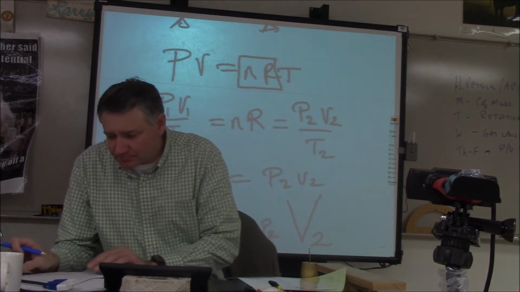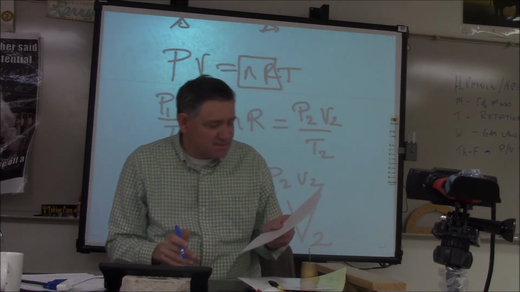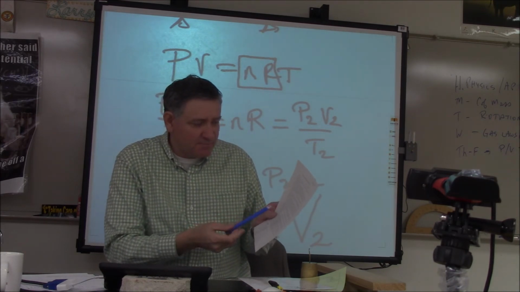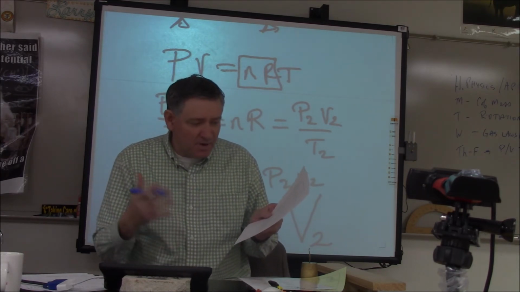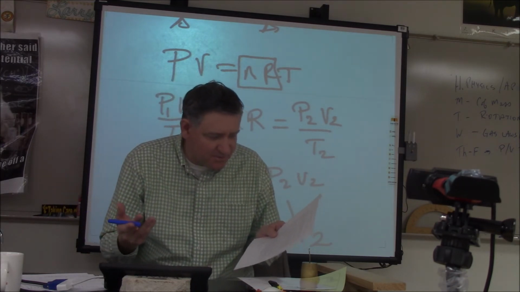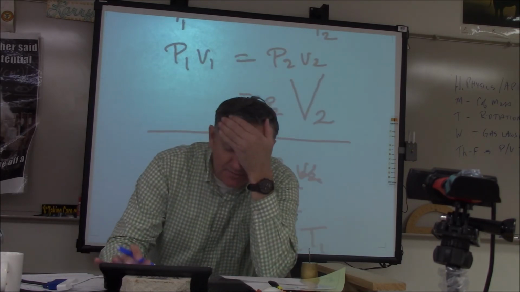So on this assignment, and this is going to be true for both my classes, you've got, for example, on number 7, what volume is occupied by 2.2 moles of oxygen at a pressure of 2 atmospheres and a temperature of 20 degrees Celsius. So here's what you have to watch.